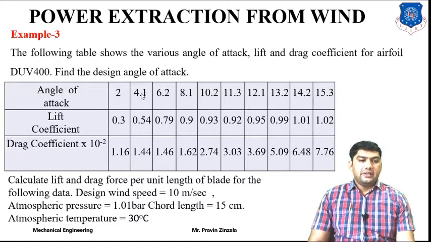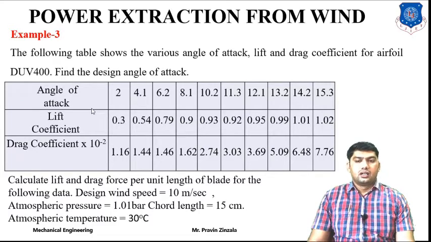In the previous lecture, we also discussed the drag and lift force and angle of attack for the aerofoil shape of wind blade. Here the different values of lift coefficient and drag coefficient are also given. These values we have to multiply by 10 raised to minus 2. Calculate the drag and lift force per unit length of blade for the following data.